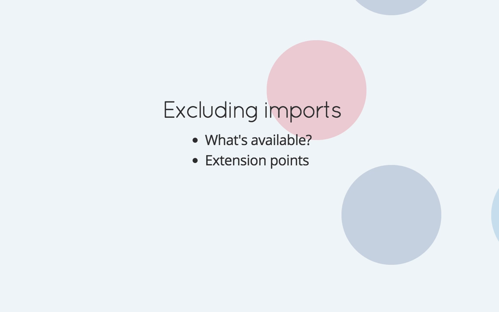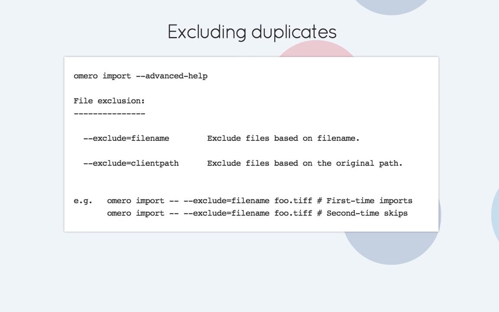Okay, move on to the next area now, which is excluding imports. And again, I'll look at what's currently available and then the extension point for excludes. Currently we can exclude duplicates from being imported based on a couple of different criteria. One is the file name, so this uses the name of the file itself, and it also uses the checksum.